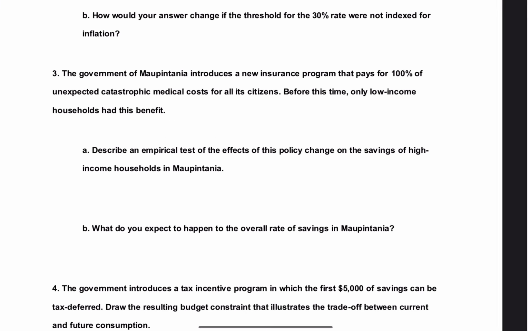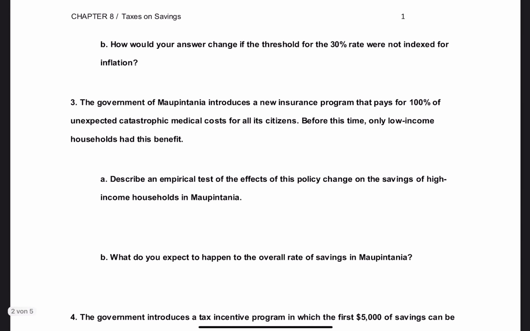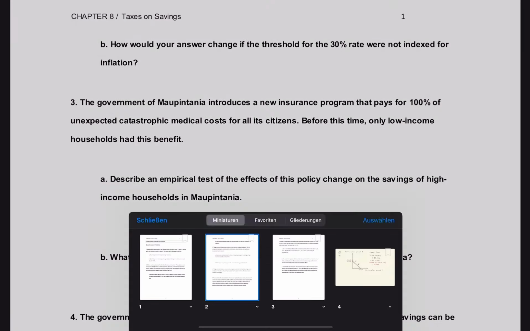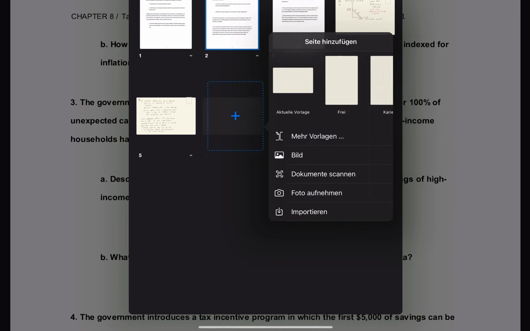Okay, sub-exercise B. How would your answer change if the threshold for the 30% were not indexed for inflation? So if there is no indexing of the threshold, which basically means that the threshold is fixed.